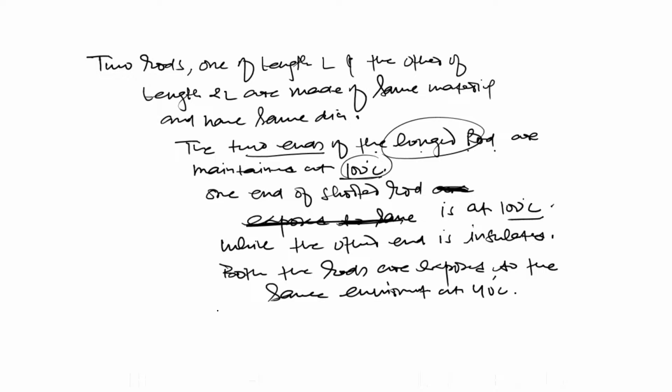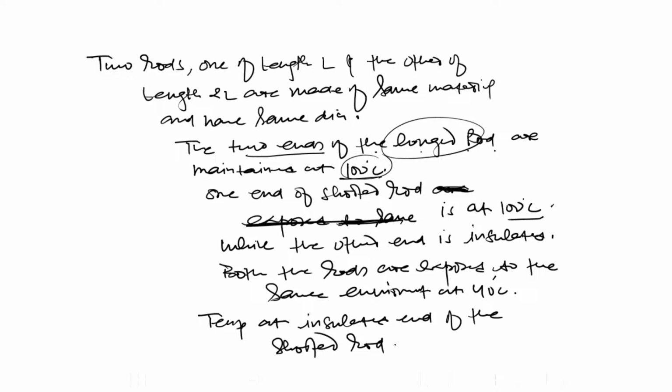The temperature at the insulated end of the shorter rod is measured to be 55 degrees Celsius.